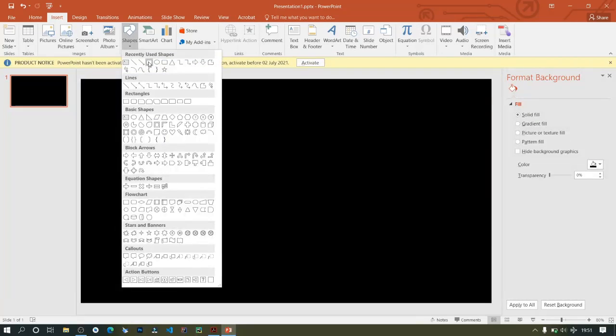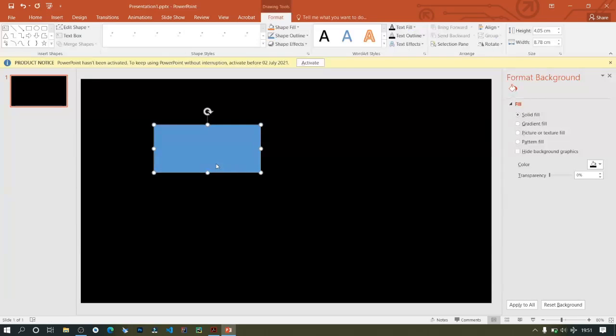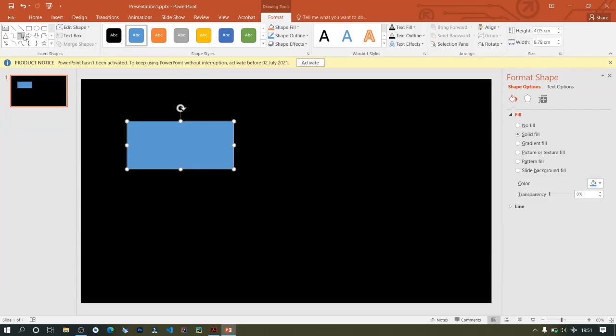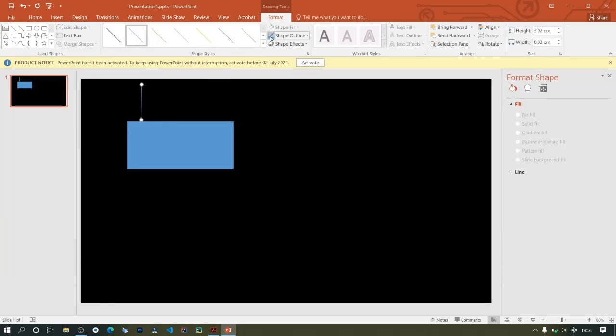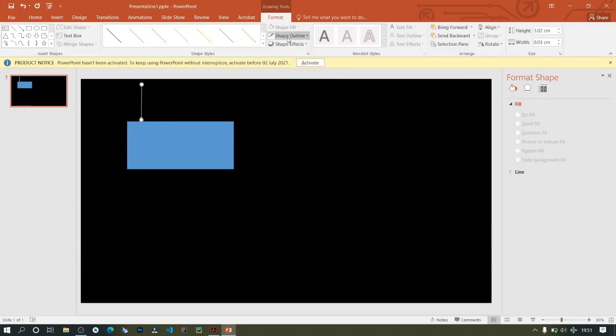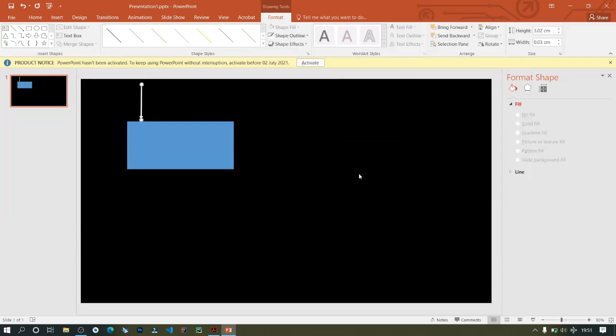Okay, so this is the body. This is the shape. This is F1.